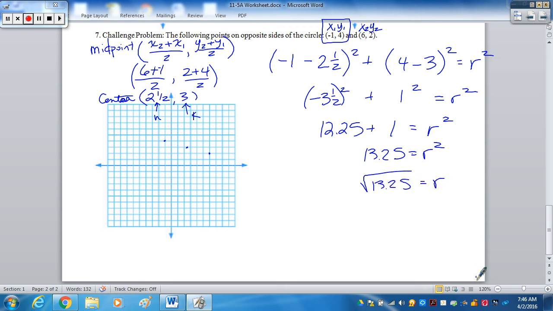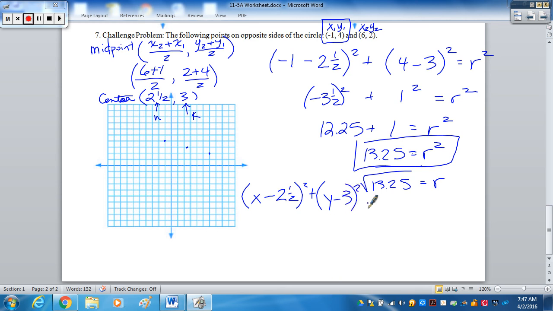But again, we were looking for this right here, actually, for our equation. So our equation will be this, x minus h squared plus y minus k squared is equal to the radius squared.